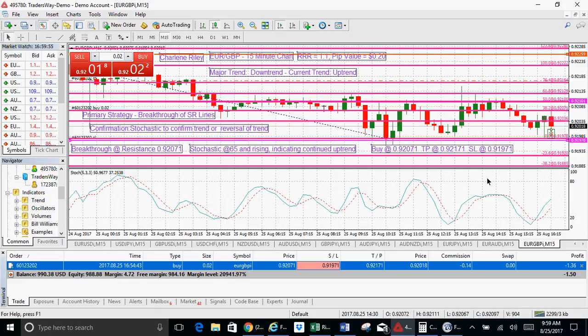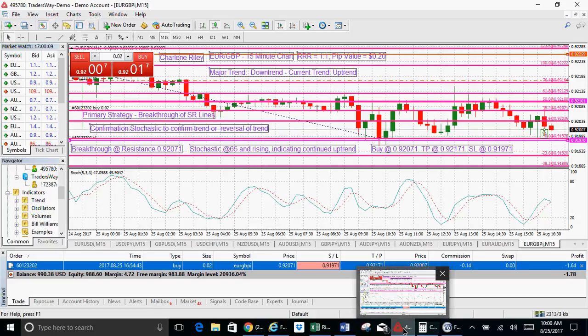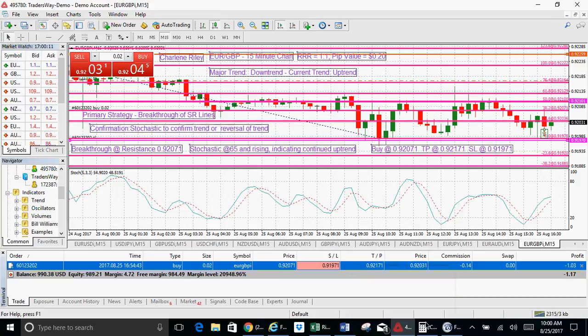Okay, so I got everything labeled. I'm going to do the print screen so that I can add this to my trade journal. Follow my trading plan and strategy.